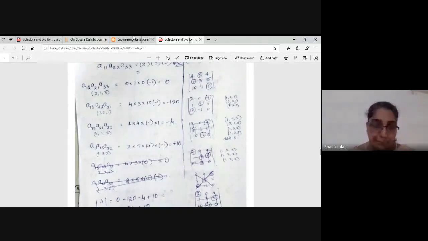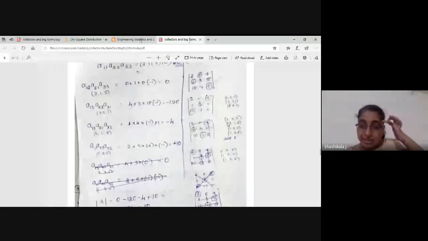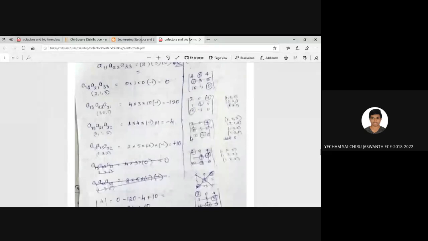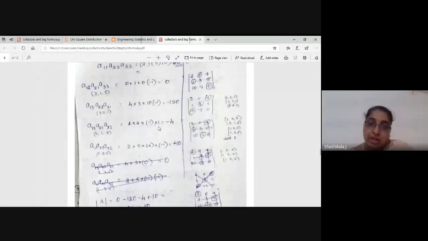Here I have written 1, 2, 3, here 3, 1. That is an even number of exchanges. So then you will get it as 1. So it is 4 into 4 into 1.